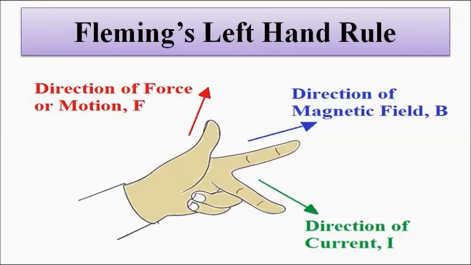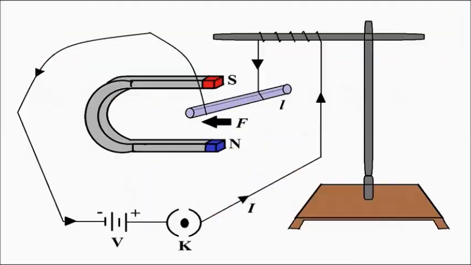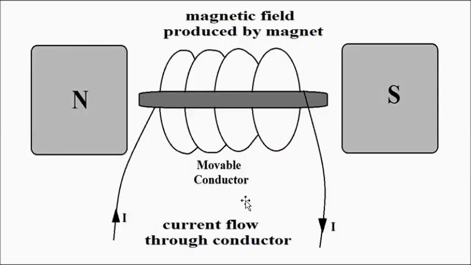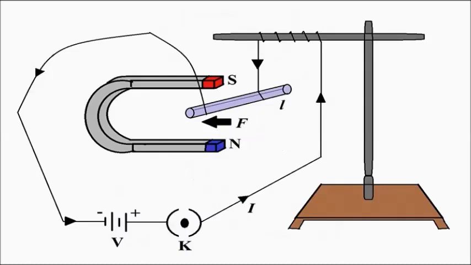Okay, three things, which are in mutually perpendicular directions. I have discussed it in detail in the electrical machines principle of operation, so you can check that video. So basically it means that when a current flows through a conductor placed in a magnetic field, it rotates, and when a conductor is moved in the magnetic field, a current flows through it, the opposite.